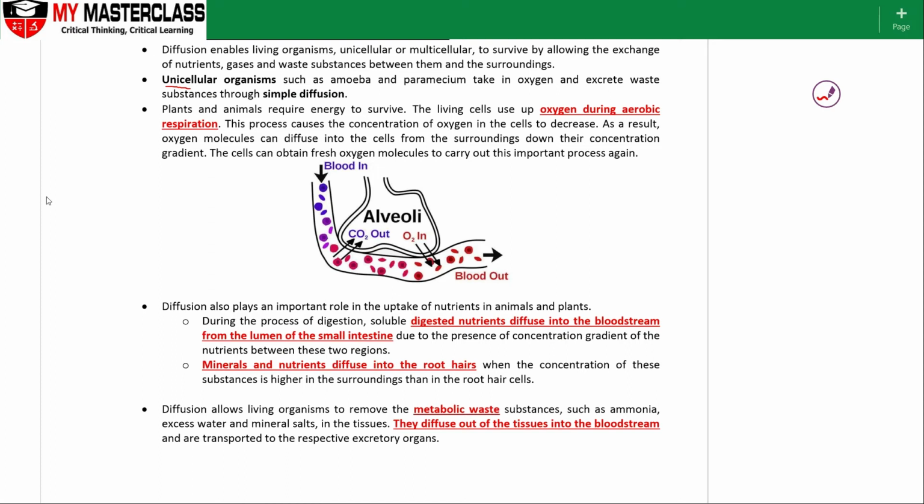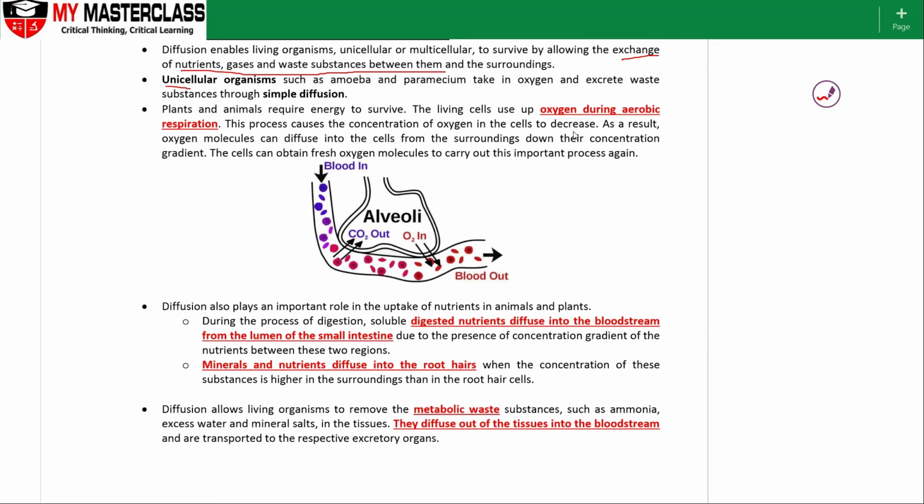But for more complex organisms like animals and plants, multicellular organisms, we need a system. Throughout this entire system, we have got diffusion taking place to allow the exchange of substances, be it food, nutrition, oxygen, or waste products, into the atmosphere or to the surroundings.